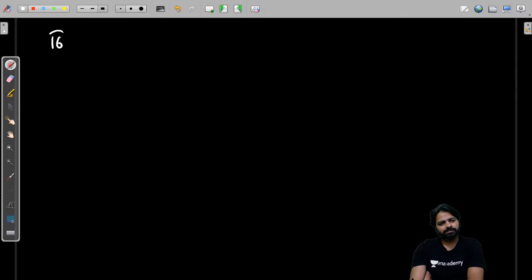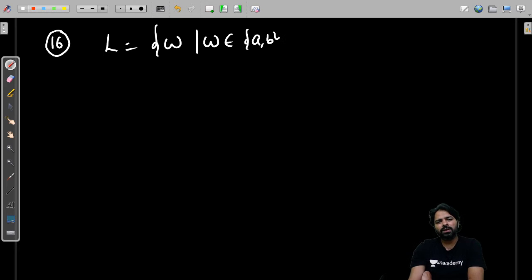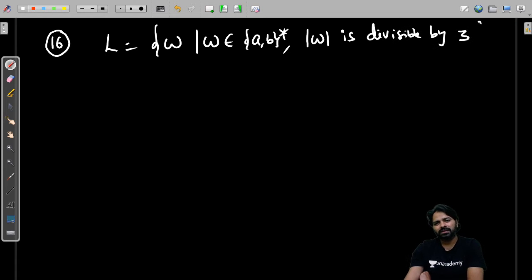And 16. Sometimes we will write something like this: W such that W belongs to A comma B whole star. Now I want the length of W to be divisible by, let's say, 3. Just like even and odd, we have divisible by 3.